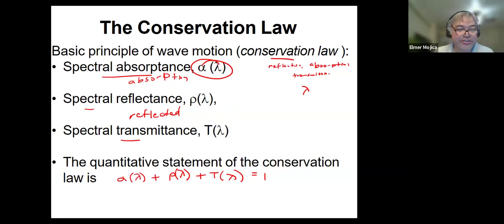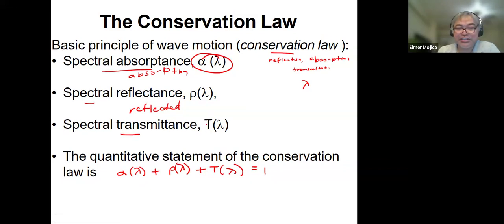Now, this conservation law has practical consequences in spectrochemical measurement. In the absence of significant reflection at an interface, the spectral absorbance is given by what? If there is no reflection, how can we get the spectral absorbance?